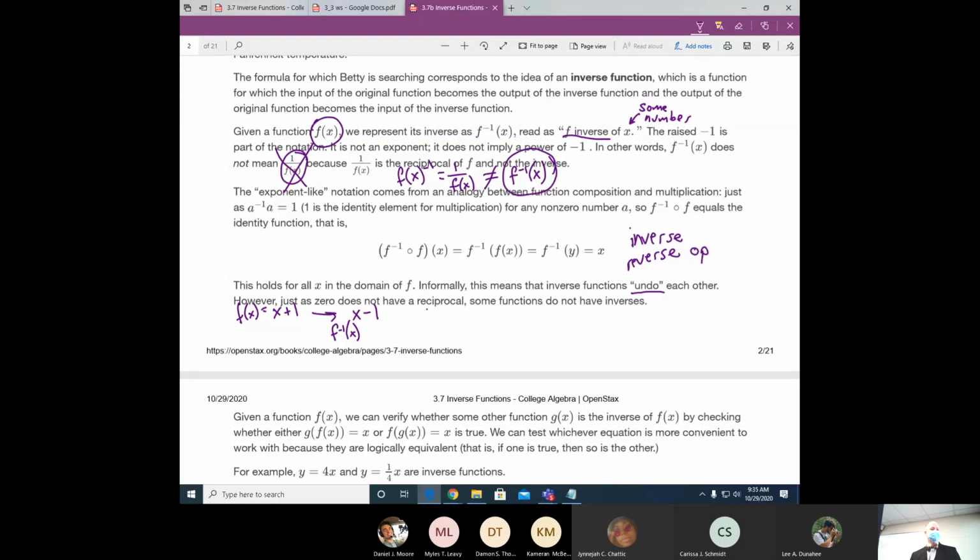Some other thing, how about 1 over x? What's the inverse of that? Anybody know? If I take 1 over x, would it be x?